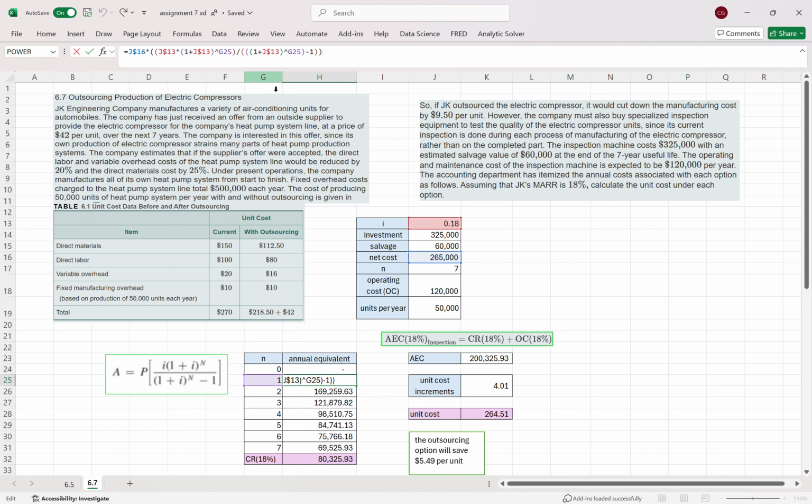Then for the I, I used the 18% rate. And then for my N, I used the corresponding N for the row that I'm looking for.